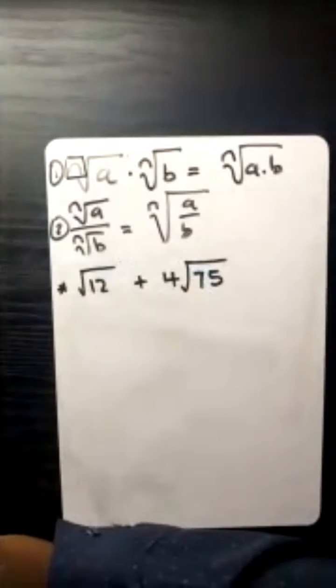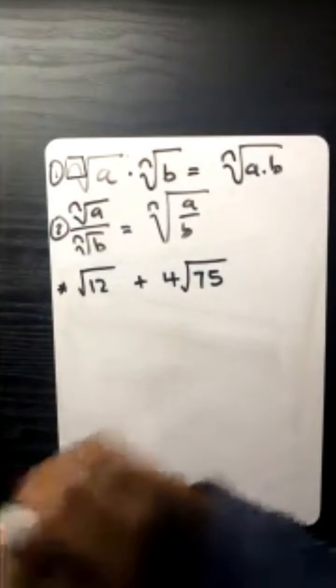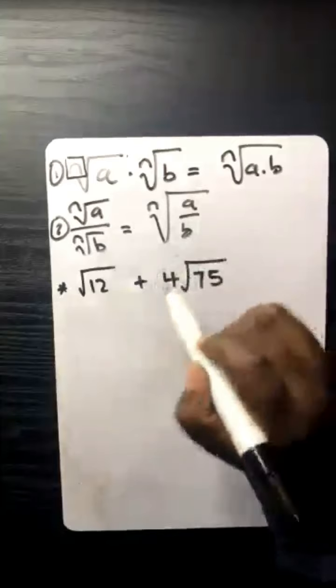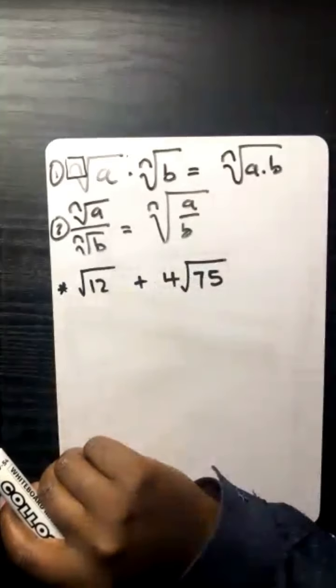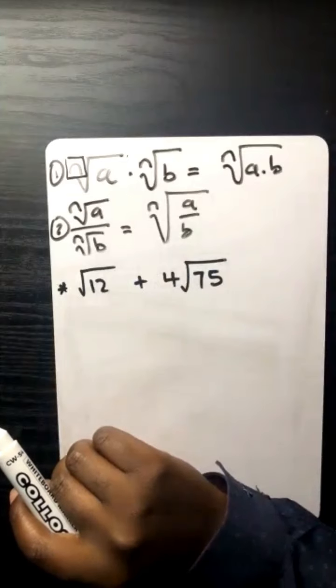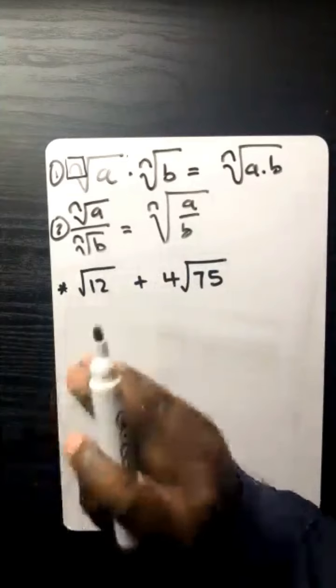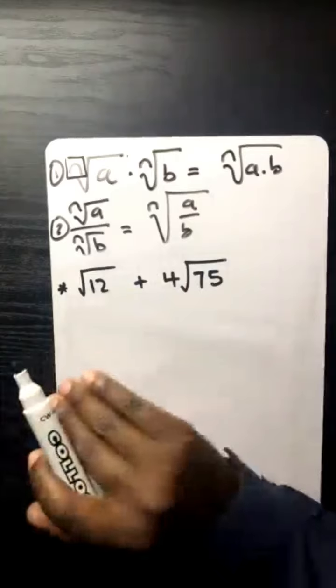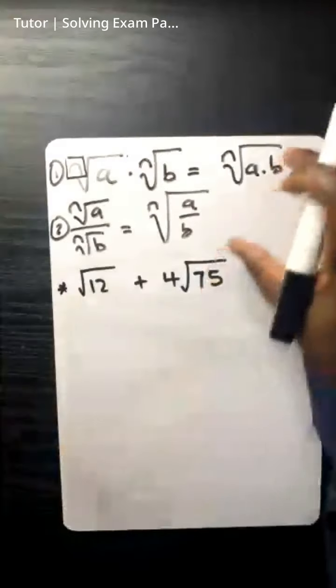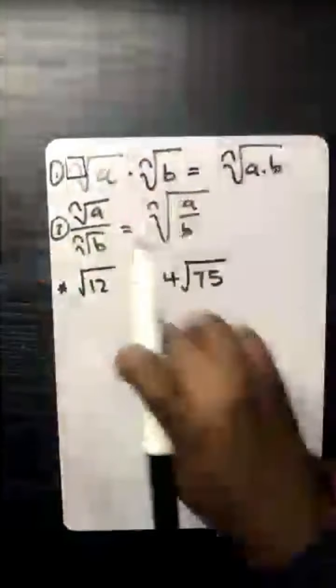And again, it doesn't mean that when they ask a question which has square roots, it will only fall under that chapter of surds. It can be in functions, it can be in whatever. You just need to be aware that these are the rules that you use to approach this type of problem.